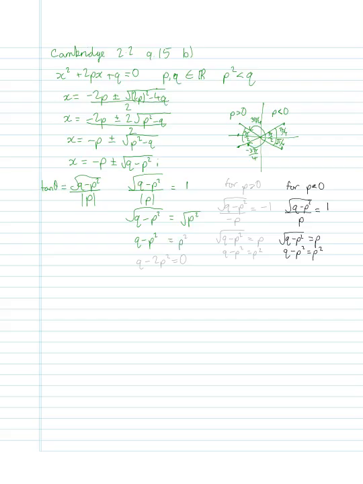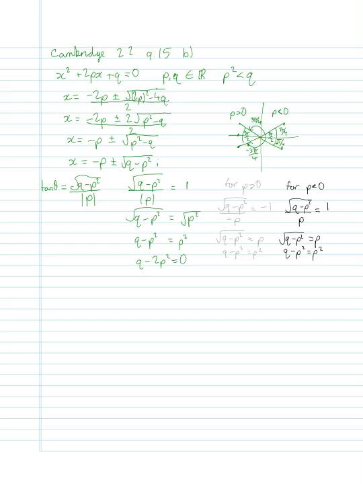The other way you can look at it is that you can split it into the two cases and get the two different answers, but the sign will change either way. So just to show you what I mean by that, for p greater than 0, you get the square root of (q minus p) squared over negative p, but that's equal to minus 1.